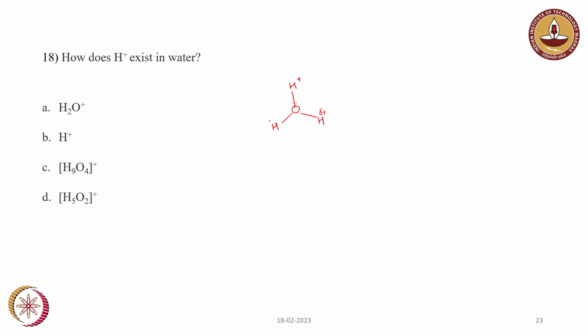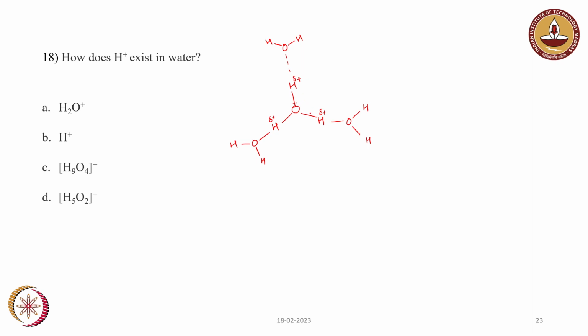So delta plus and delta plus. Each of these delta plus will be stabilized with 3 other water molecules. So this is how H plus exists in water.